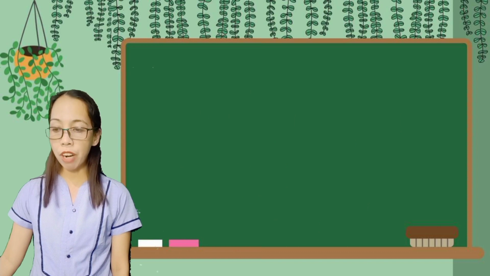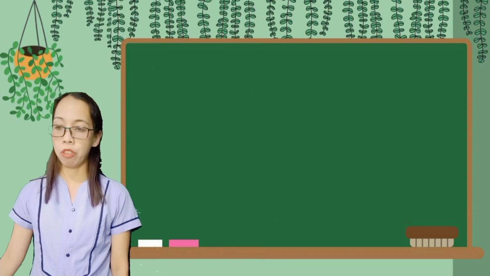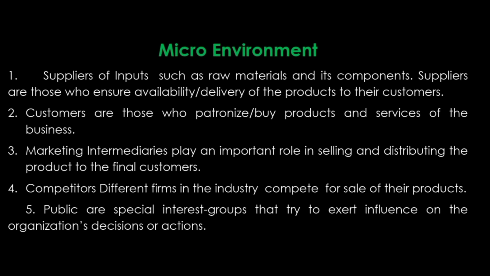So let's try to define those terms. Suppliers of input, such as raw materials and components, are those who ensure availability or delivery of the products to their customers.